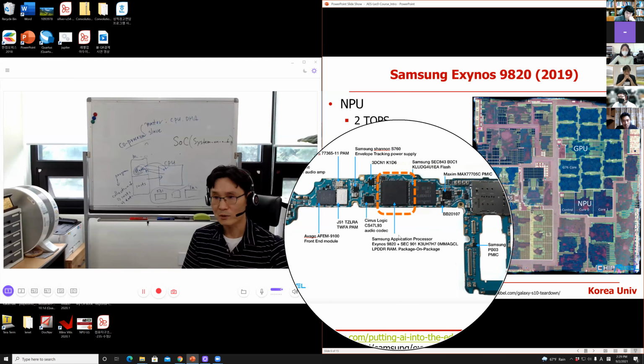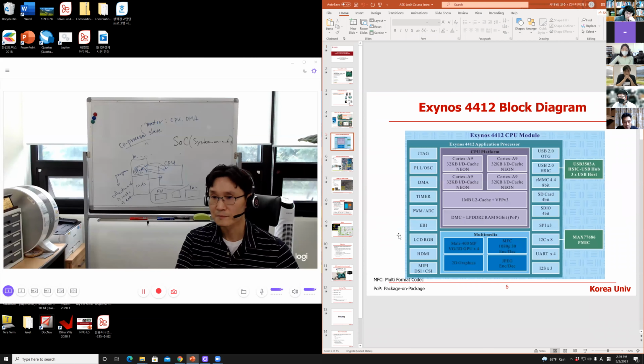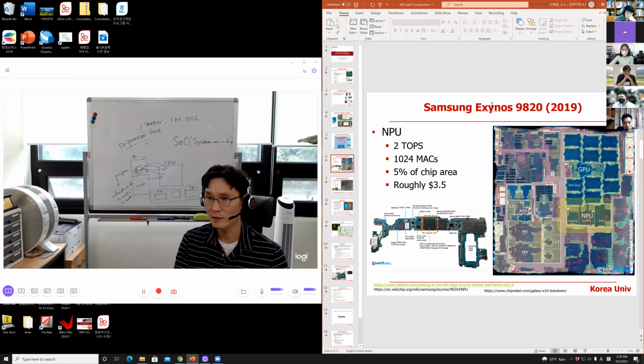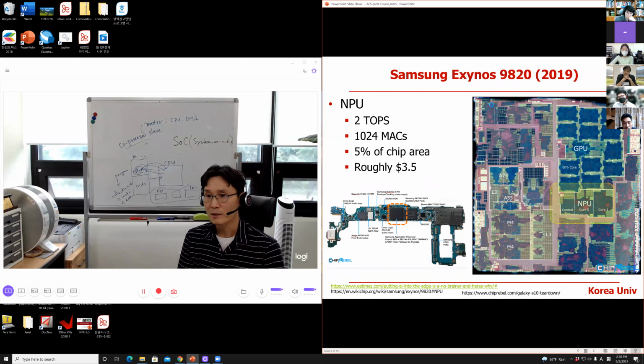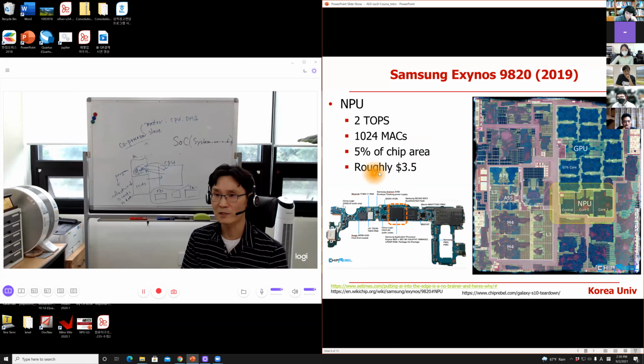I want to emphasize the difference between the 10 year old Exynos and the more recent 2 year old Exynos. I highlighted this: here you have a neural processing unit, NPU, integrated, and that is the rough specification.